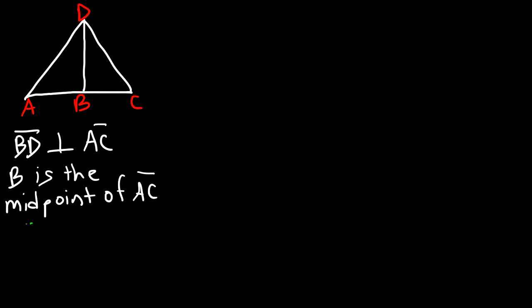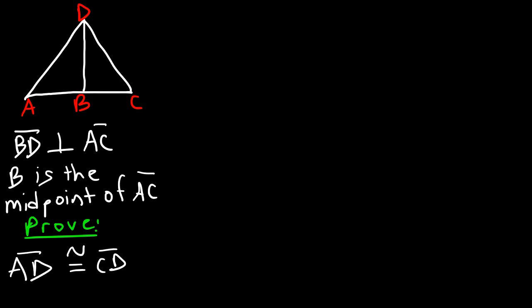So your task is to prove that AD is congruent to CD. So feel free to pause the video if you want to try this problem. So prove it using a two-column proof.